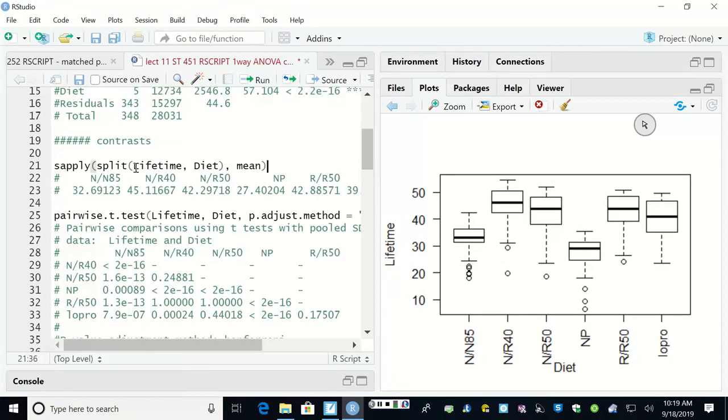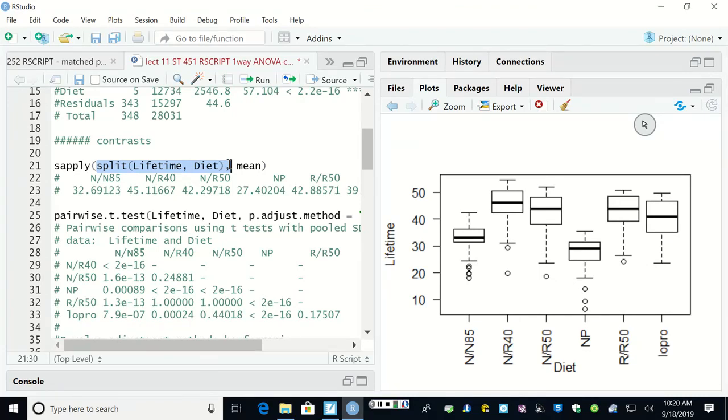You can calculate the mean for each group. We split the lifetime values, the outcomes, the y variables, by the diet groups, and that gives a list broken out by the six groups. Then applying the mean to that list creates the different averages. So N85 had an average of about 32, this had an average of about 45, and things like that.